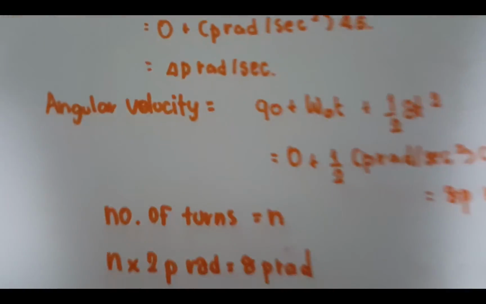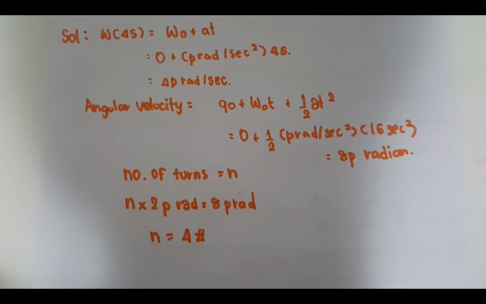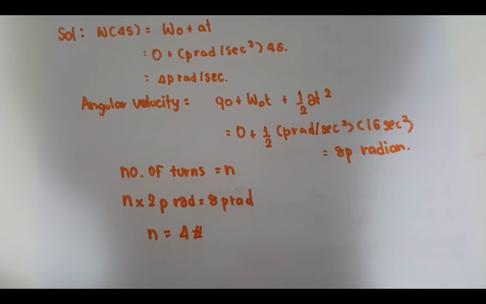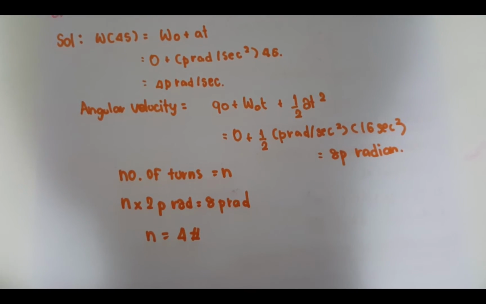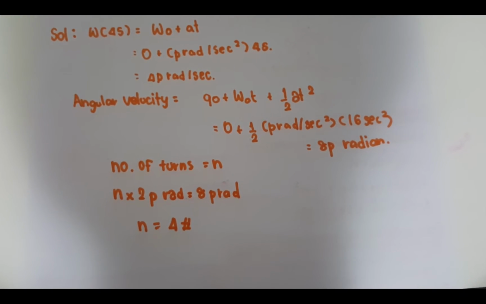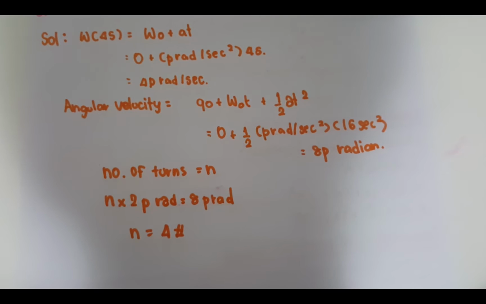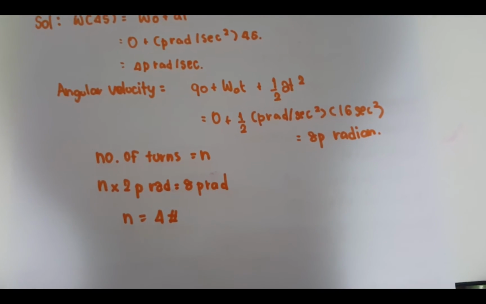Solution: ω at 4 seconds equals ω0 plus αt. So 0 plus π radians per second squared times 4 seconds equals 4π radians per second.